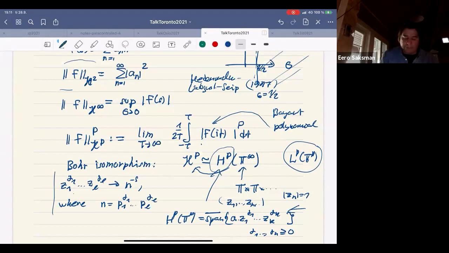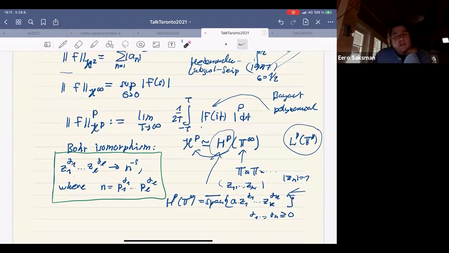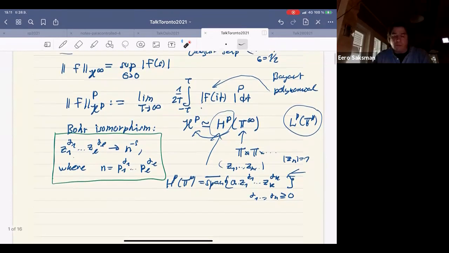So this is the Bohr isomorphism. And it turns out that it is a linear isometric isomorphism between these spaces, and it's even an algebra isomorphism. You can even multiply functions and they go to the product in the other space. So in that sense, the study of these spaces is about the same. You have two different points of view on the same spaces.